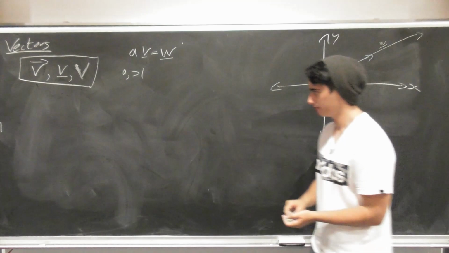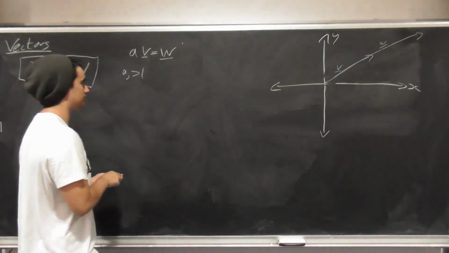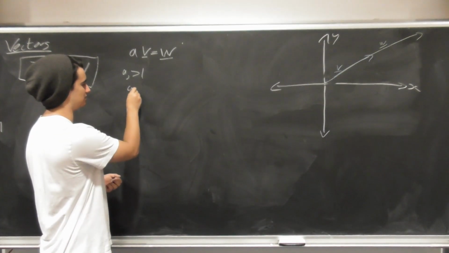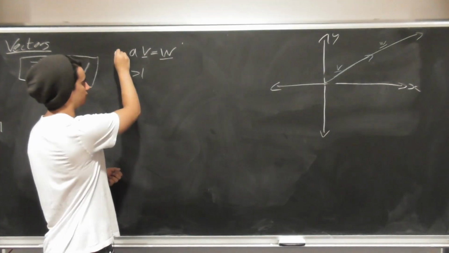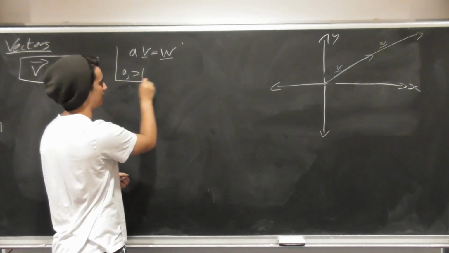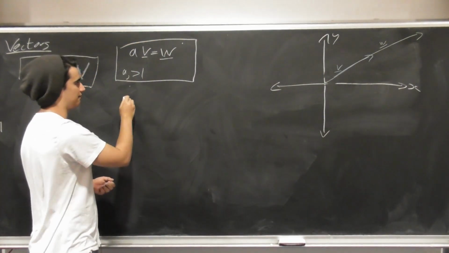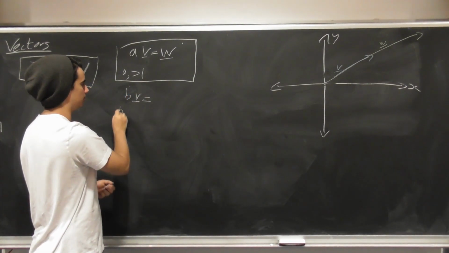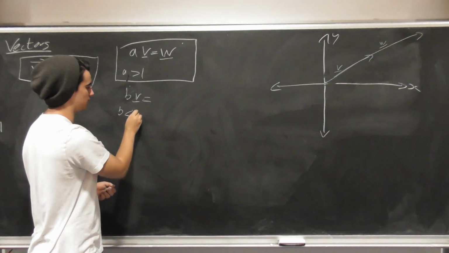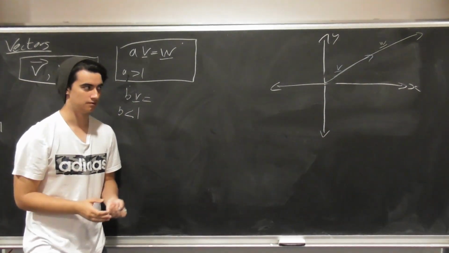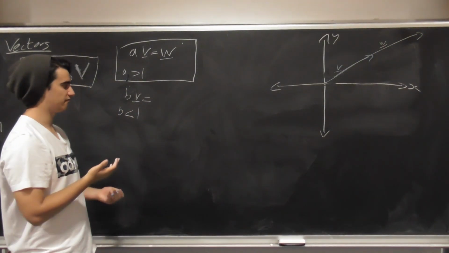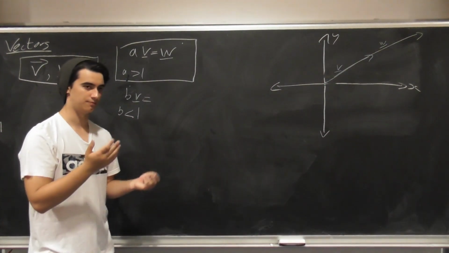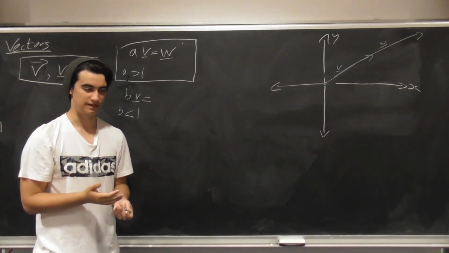And if a is greater than 1, and then we have some b times a vector, where b is less than 1, what will happen then? If you have any number and multiply it by something less than 1, it'll shrink.